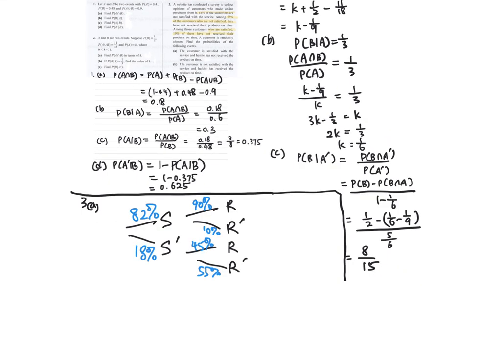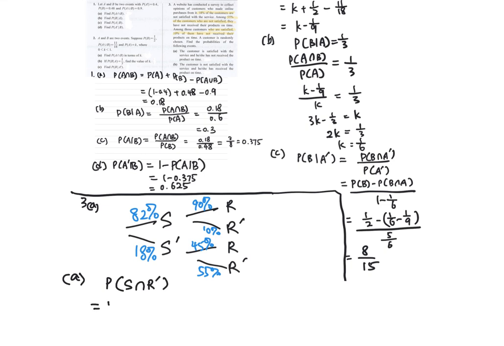So we can find the probability in this case. Satisfied 82%, not satisfied 18%, and so on. You can write down all the probabilities on the tree diagram here. And then part A, you are finding that the customer is satisfied and has not received the product on time. So you have to find the probability of satisfied and not on time, R prime.